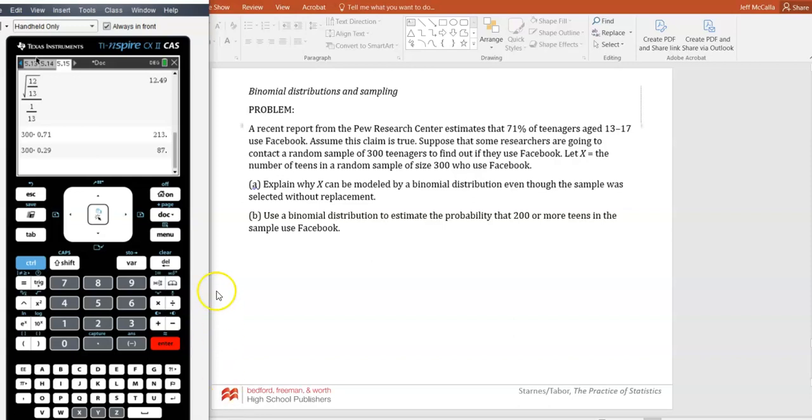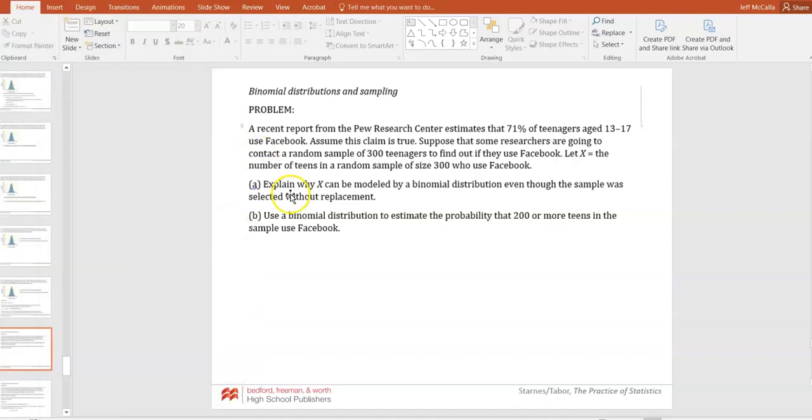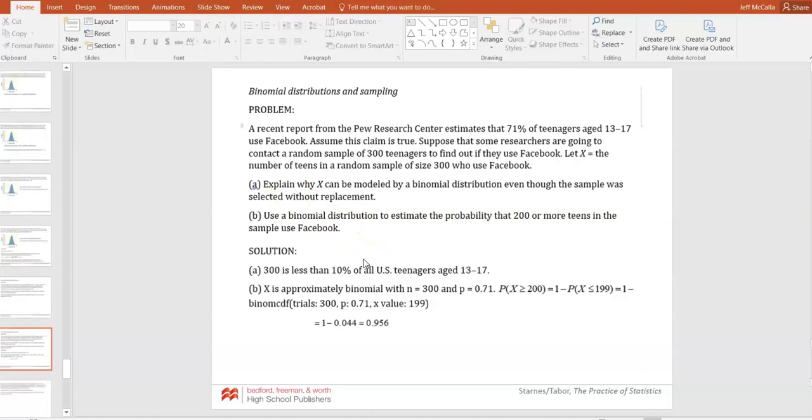So they're both bigger than 10. It's a large sample size. I feel very comfortable using the binomial distribution here because it meets the large counts condition, and it's less than 10% of the population of all U.S. teenagers. I forgot to say that. So it meets both conditions here.